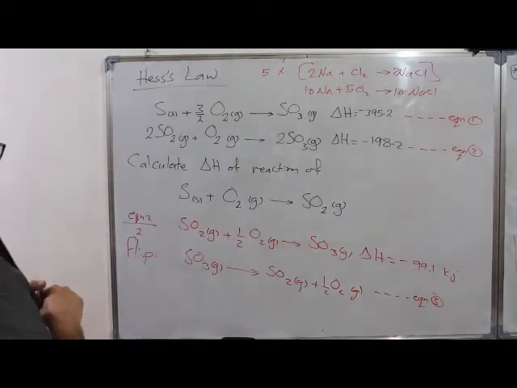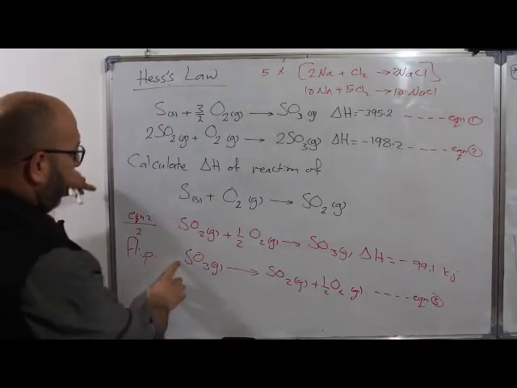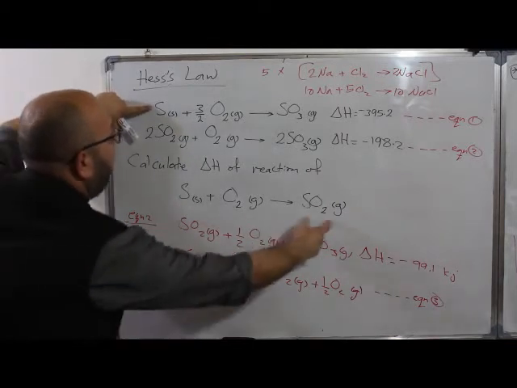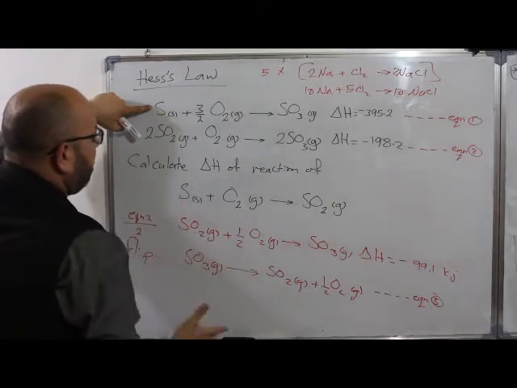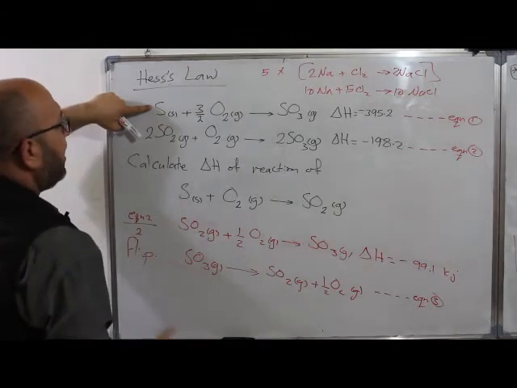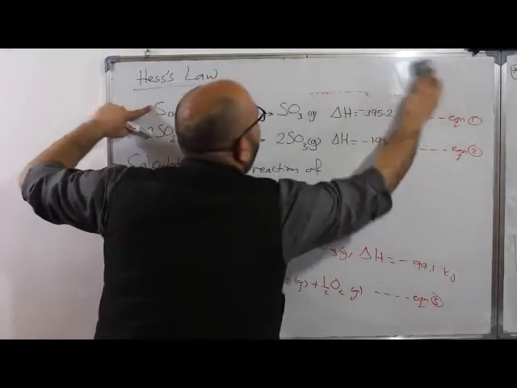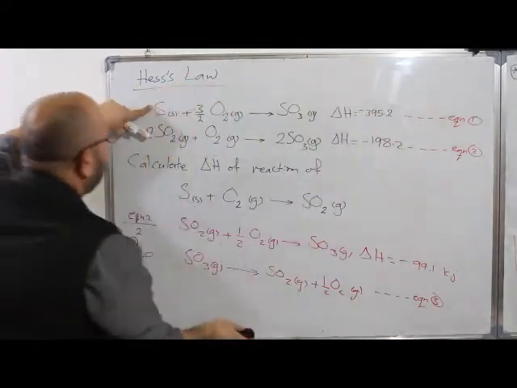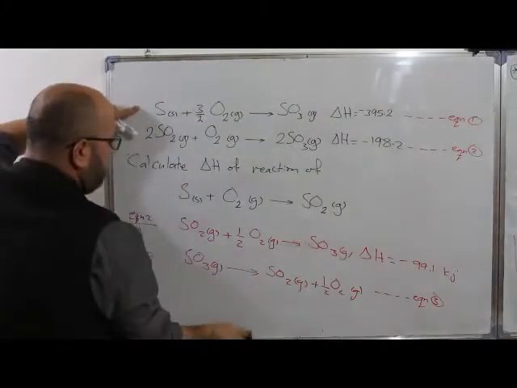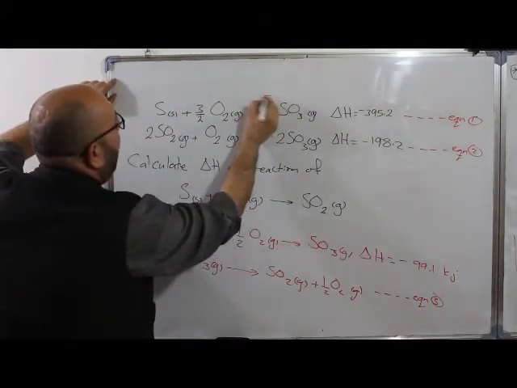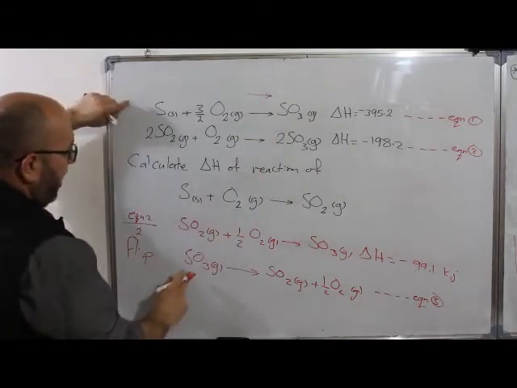Okay, could we add equation number 3 to equation number 2 in order to find this target? Is it ready to be used? Let us write it over it to find out, can we cancel the repetitions or not? Over the arrow here, write the arrow there.